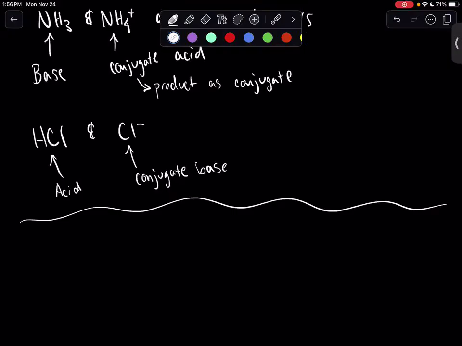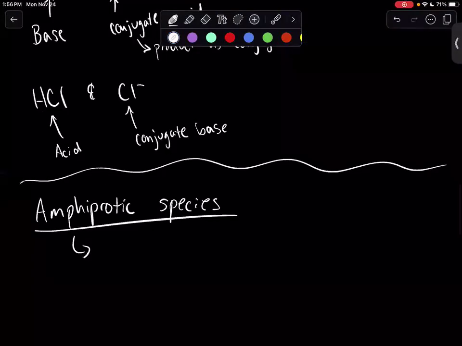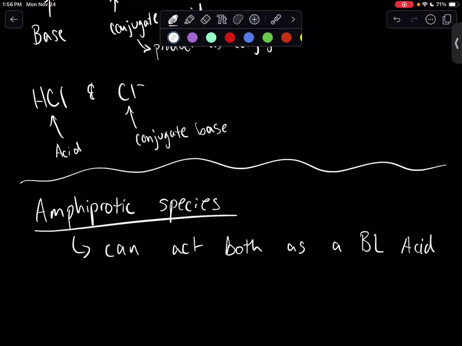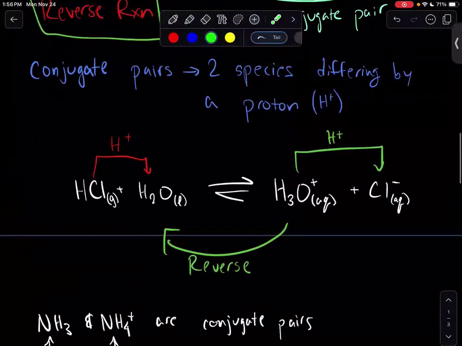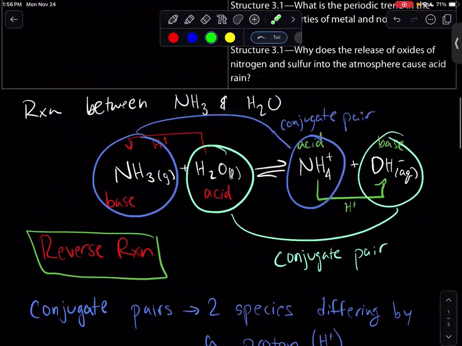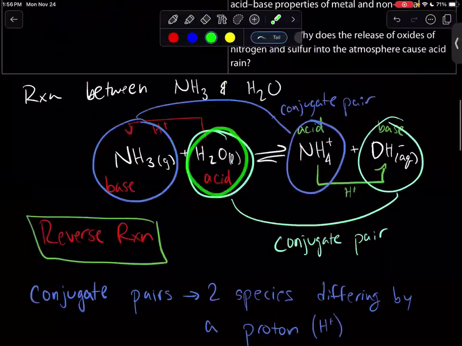But there's a weird thing that you may have noticed. We also have something called amphiprotic species. An amphiprotic species is a species that can act both as a Bronsted-Lowry acid or base. Now you notice that in our second reaction, water was our base, but in our first reaction, water was our acid.